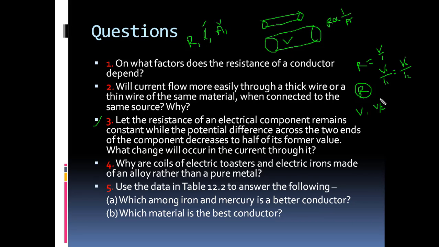What is the value of current it is asking? So here what we will do, in place of V1 we will write V, and suppose current I was flowing through it. Now as V2 becomes V by 2, here we will write V divided by 2. We don't know the value of I2.